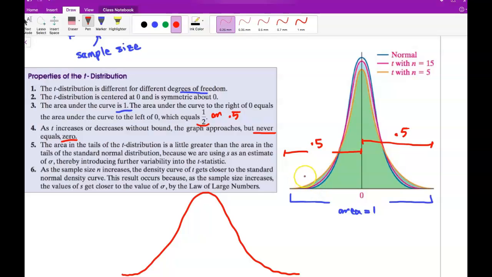So when sample size is 5, we have more area in the tails. So more area in the tails when n is 5.